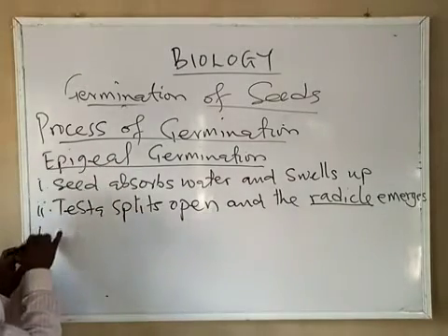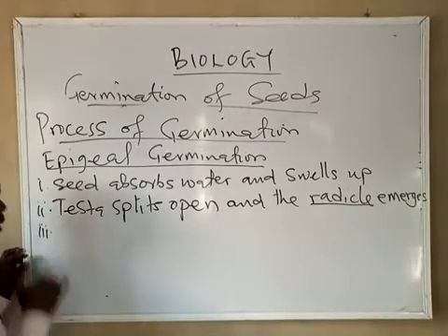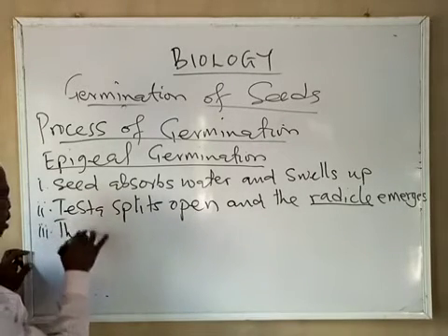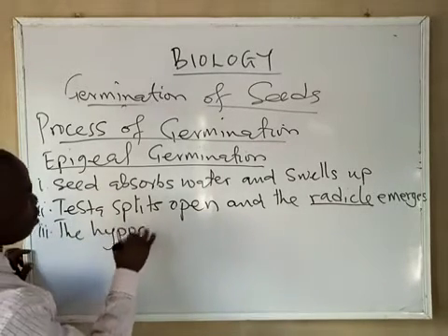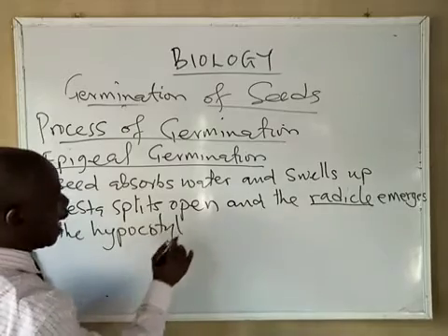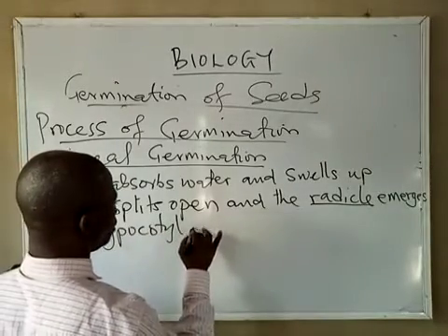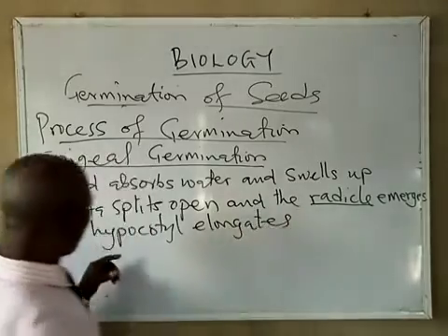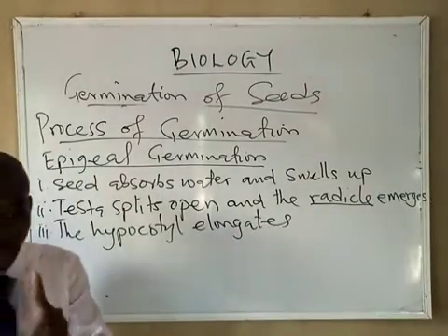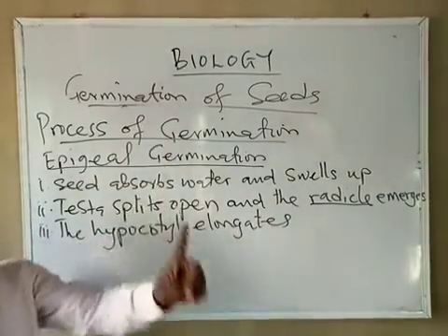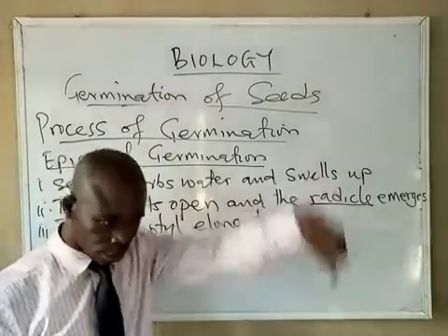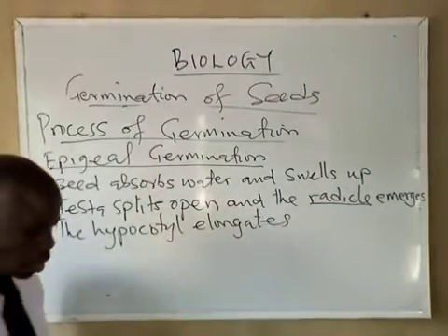Now, the third thing that happens is that the hypocotyl elongates. I told you that the hypocotyl is the portion that eventually becomes the plumule or the shoot of the plant. The radicle becomes the root of the plant.